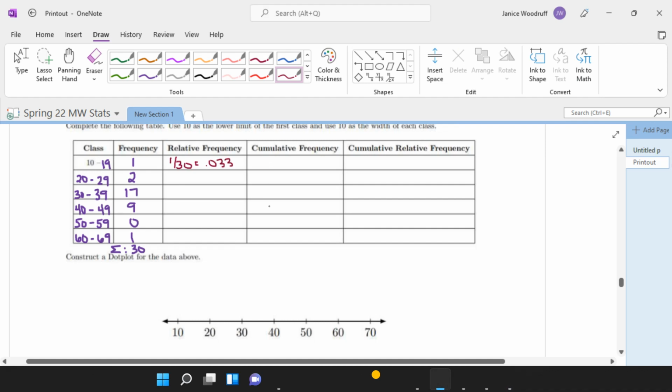It is a repeating decimal, but we're going to round to 3 places. Then cumulative frequency and cumulative relative frequency. The cumulative frequency is adding this frequency column, so that's 1. And the cumulative relative frequency is this relative frequency column, so 0.033.